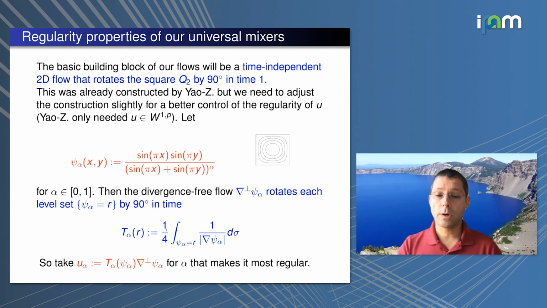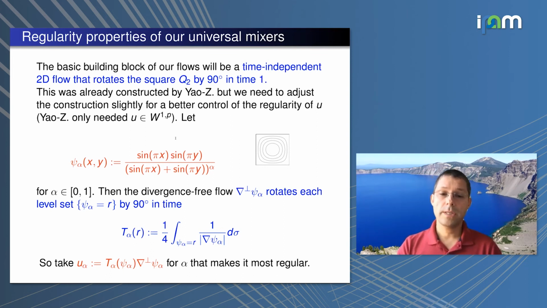And you put 1/4 because you want to rotate only 1/4 of a circle. So you can remedy that, but the problem with that is that this T becomes infinity on the boundary. And so that makes your flow not very regular.